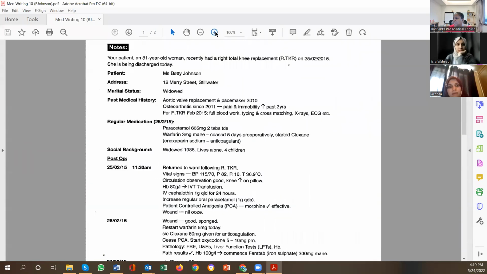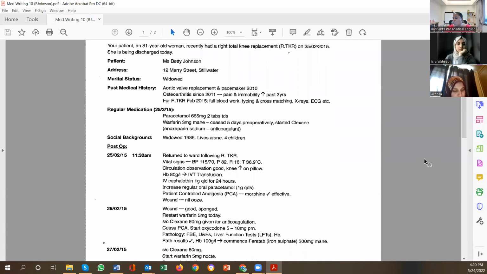Let me make it a little bigger so it's easier to read. So in your own words, summarize for us who you're writing to, what is going on with this patient, and what are this patient's main issues.